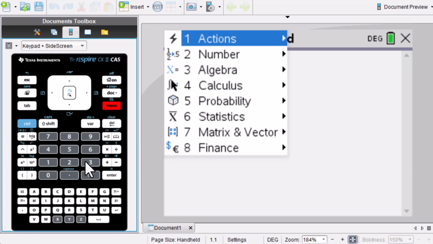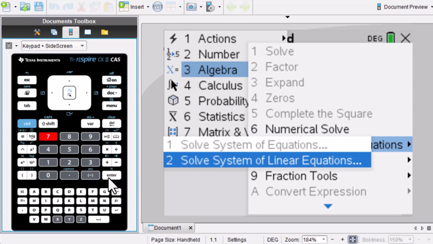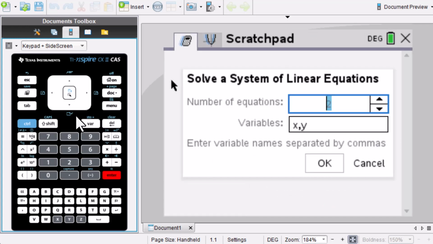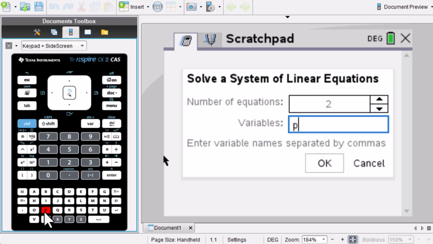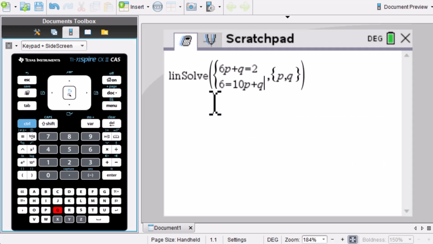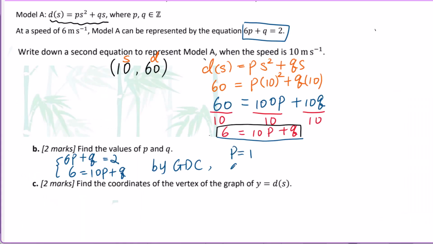Menu, Algebra, Solve system of equations, Enter. We have two equations, and the variables are p, comma, q. Enter, and put in these two equations. Enter. p equals 1, q equals -4.